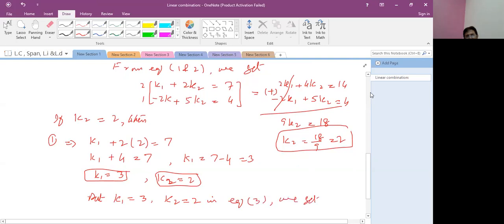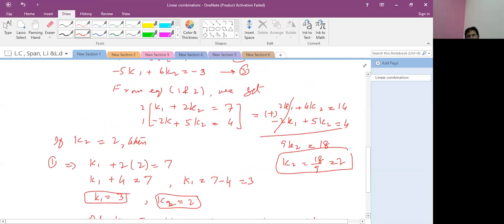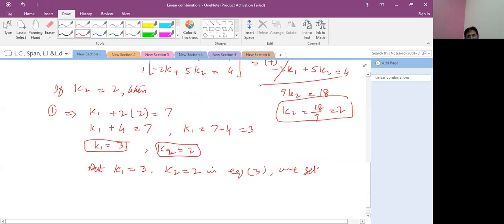What is equation number 3? Minus 5 K1 plus 6 K2 equals minus 3.